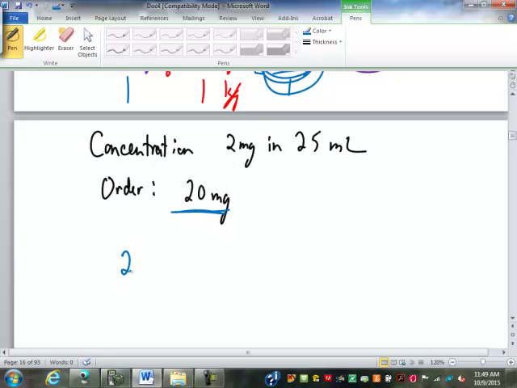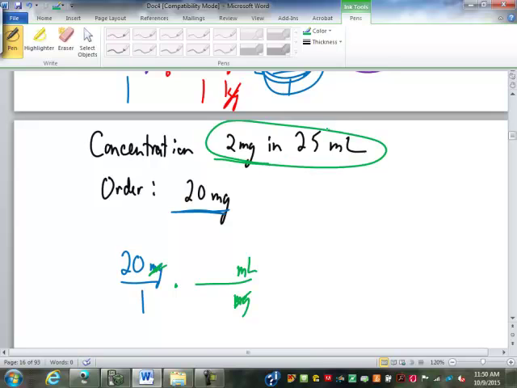Take the doctor's orders, 20 milligrams, make it a fraction by putting it over 1. We're going to convert. What has to go on bottom here? Milligrams, because we're getting rid of milligrams, right? So the milliliters are going to go on top. Now our relationship is 2 milligrams in 25 milliliters. So 2 milligrams, since milligrams are on bottom, the 2 goes on bottom, in 25 milliliters.